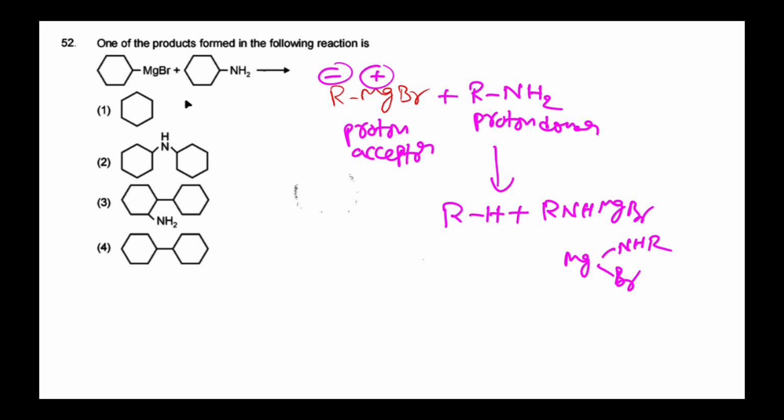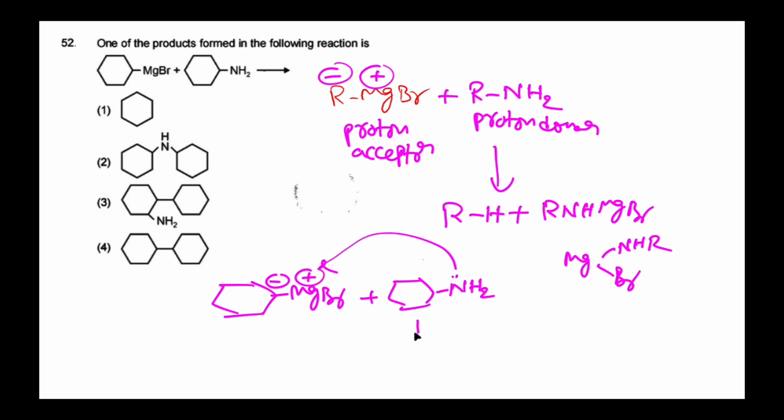So actually in Grignard reagent, that is MgBr, this alkyl group is negative. So here NH2 is there, so it will donate electrons to bond with that Grignard reagent compound Mg, that is Br and N H H, and the cyclohexyl ring is there.